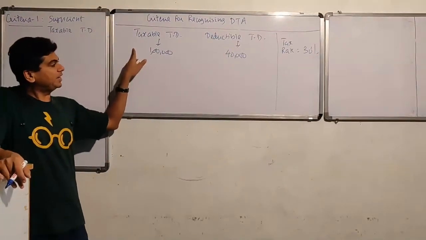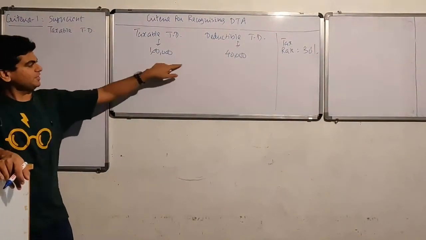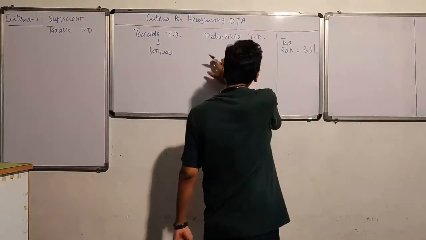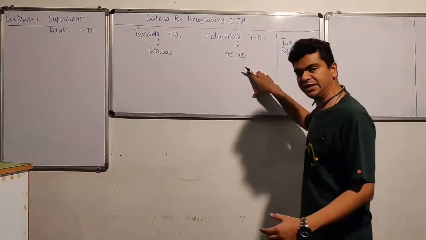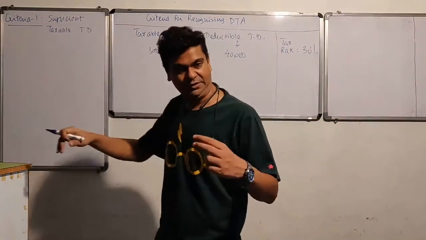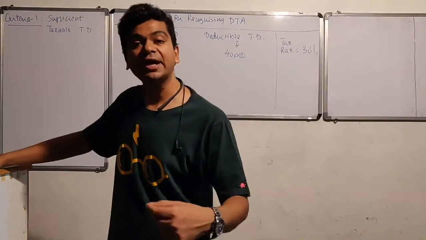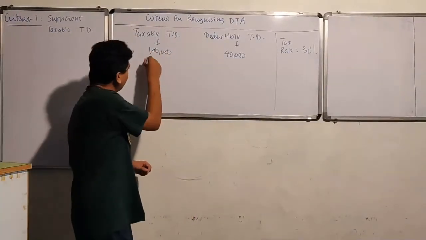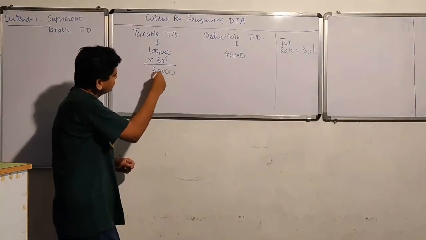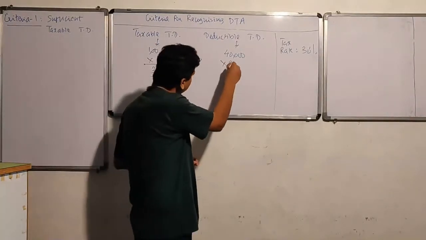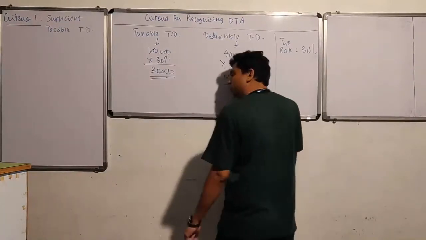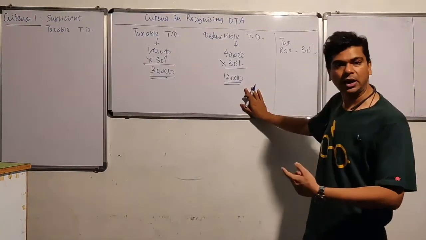There is one item, let us say some item of depreciation on which there is a taxable temporary difference. While let us say there is some another item, let us say section 43B item on which there is a deductible temporary difference. So taxable temporary difference means I'll have to pay extra tax in future. So I multiply this by 30%. So this will give me 30,000. And if I multiply this by 30%, it is giving me 12,000. So I am planning to recognize a DTA of 12,000.